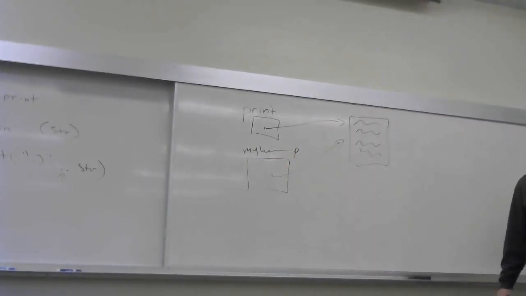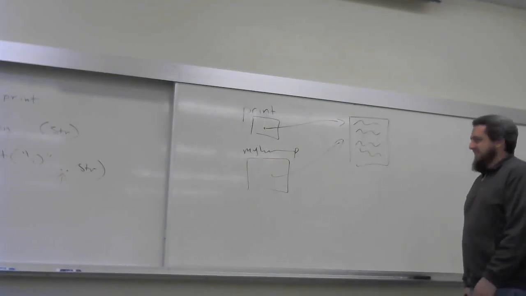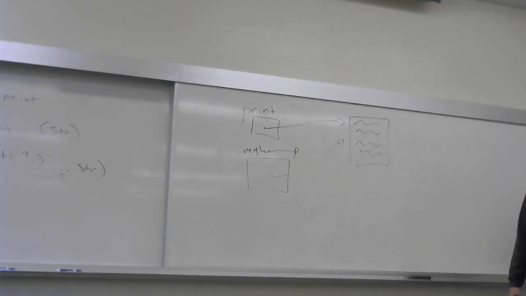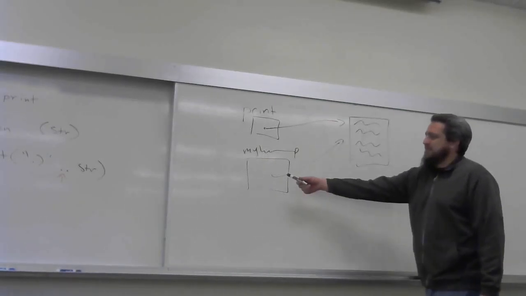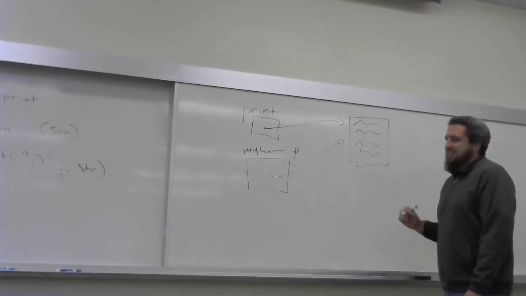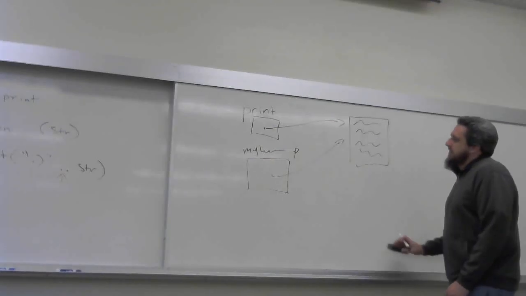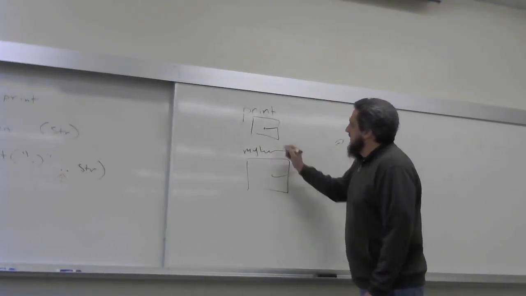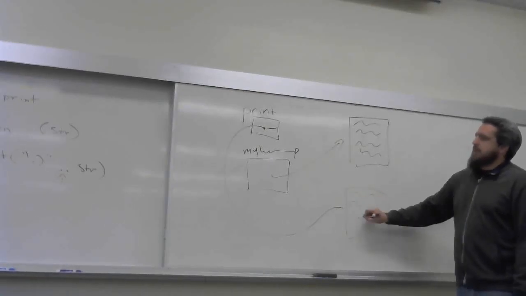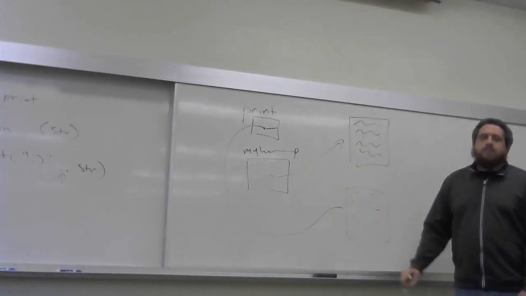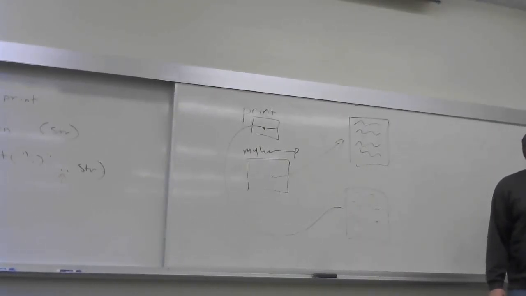It's the value of the pointer. You're correct, that's what I meant. The value is a reference, not the function itself. Good. And then when I say print equals the new function, print becomes a new function down here, like so. So it points at a new function.